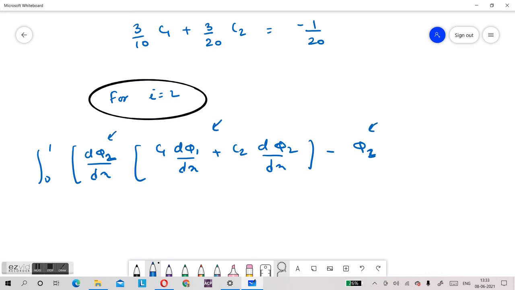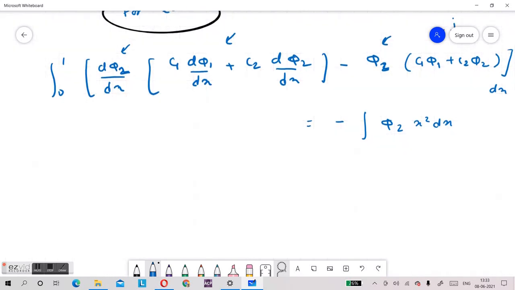The term c1 phi 1 plus c2 phi 2 will also not change, and this dx equals minus, with all these terms also with phi i, phi 2 x square dx. Now we will solve it again. What was d phi 2 over dx? It's 2x minus 3x square.